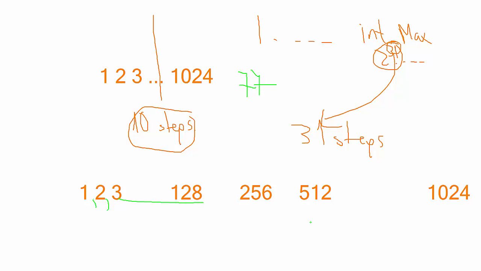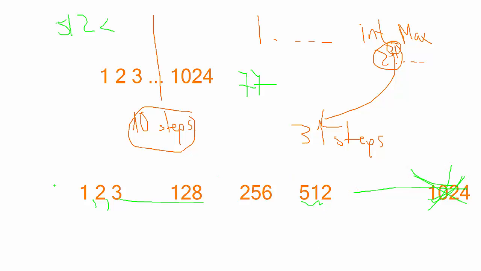I split it by half, so this is the number 512. So I say 512, and you say that your secret number is smaller than mine, and so I delete everything which is on this side.